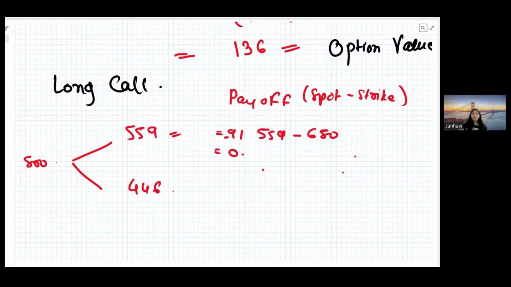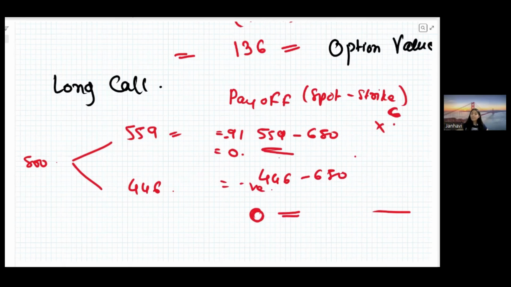Similarly, if we do 446 minus 650, it will give us some negative number, correct? Some negative number, which will cause the payoff to be 0 in both situations. So if the payoff is 0, even if we multiply it with the probability in our column C, the addition will always be 0.